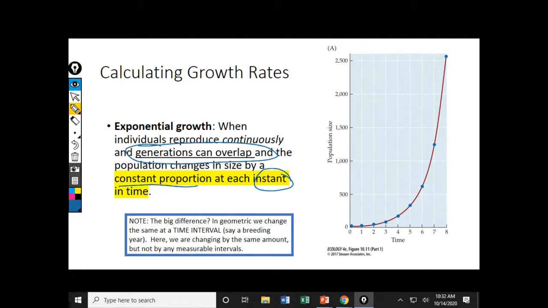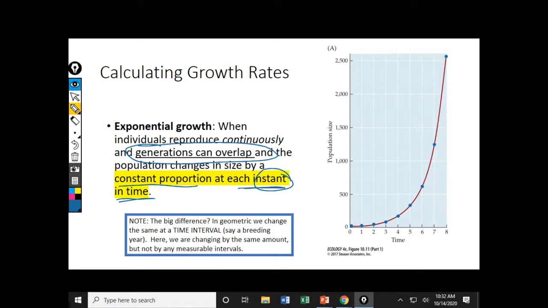We still have a growth rate. And as we add, we can still predict over the course of a year how many individuals are going to be changed. And we can break that up into smaller units and say our growth for each instant in time should be this much.